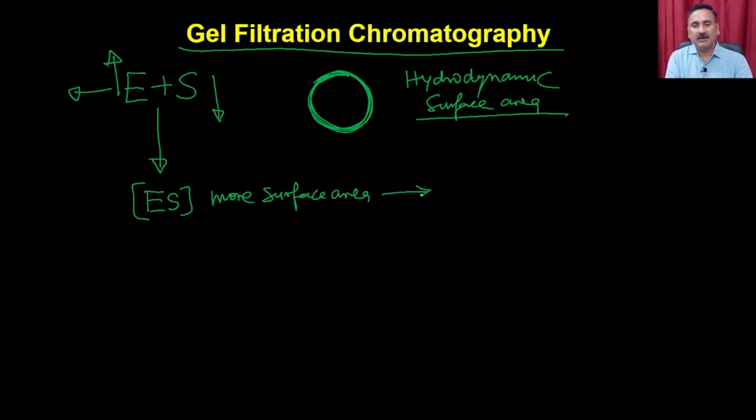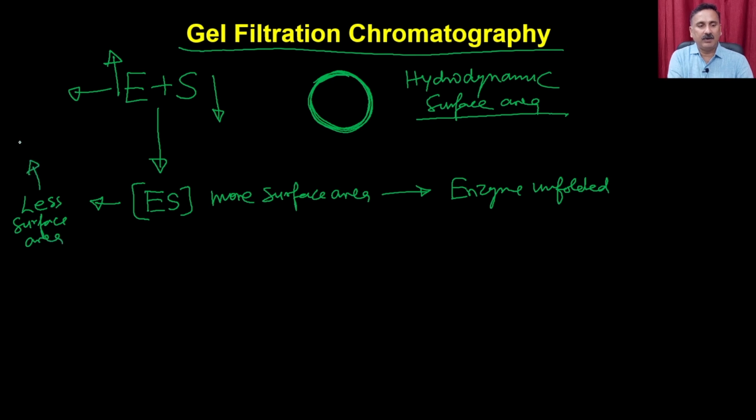This means the enzyme is going to get unfolded. Only then can it have the larger surface area, or in some cases it's going to have less surface area. And when it has less surface area, the enzyme is going to get more folded, or I will say it's going to acquire a compact configuration.